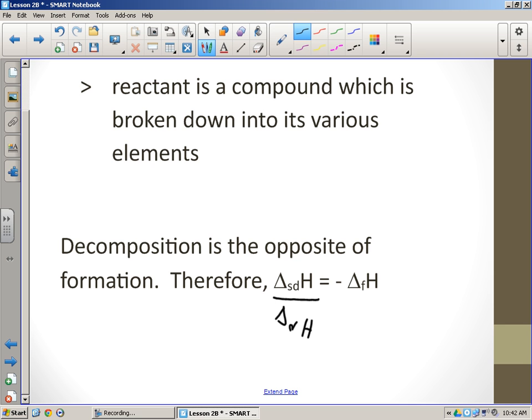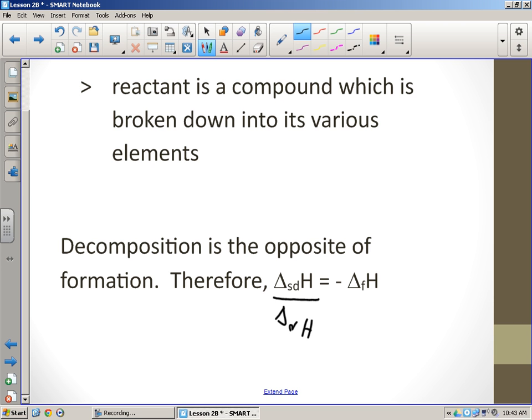Now, in the data booklet, this is the important part. Listen carefully. This is formation stuff. This only is the formation numbers. If you want to do decomposition, it is the opposite of this number here. So for the last one, we had a positive 11.1.